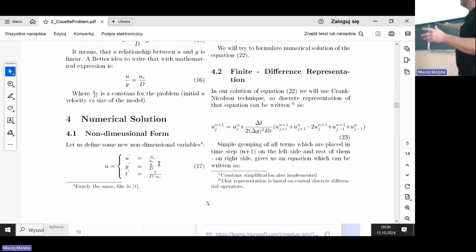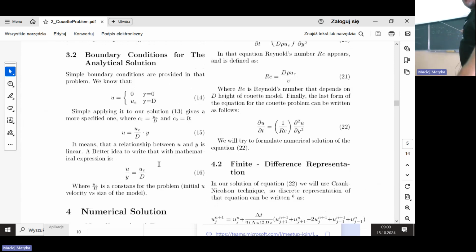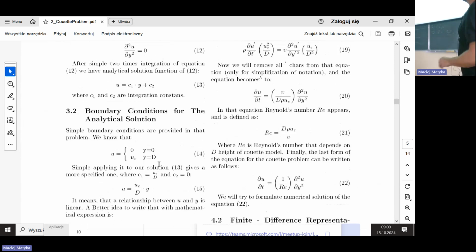If I did it as a student, you can do it. If you do it, you find that in this equation these parameters appear: the velocity, the d, which is the size of this, the density, and the velocity of this top wall.